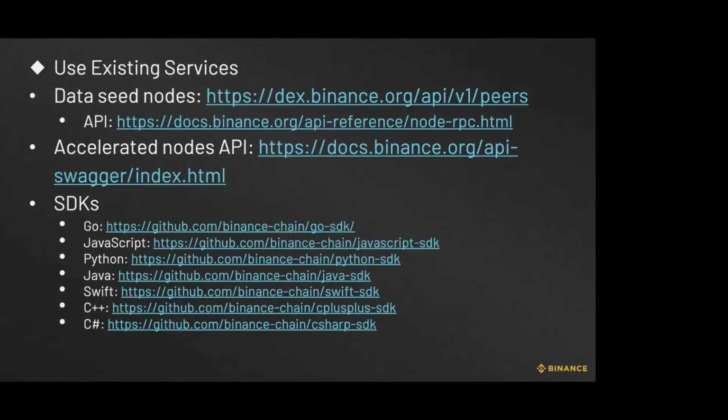They have more advanced API functions. And Binance Chain has SDKs in all the popular programming languages. You can choose one and start building your own applications.